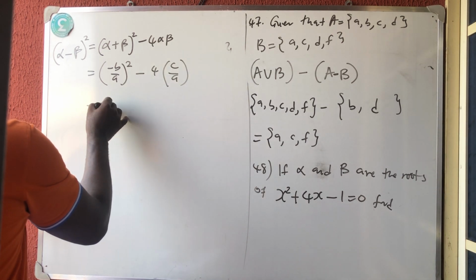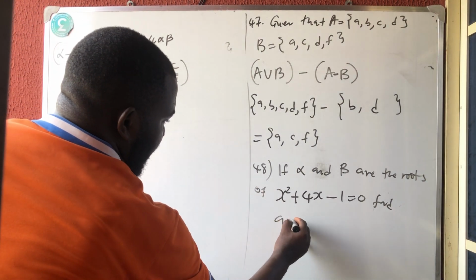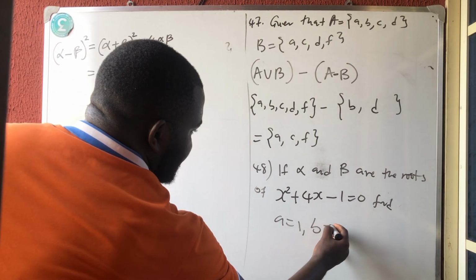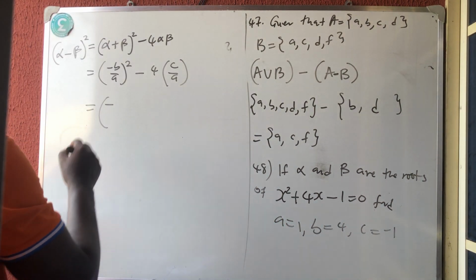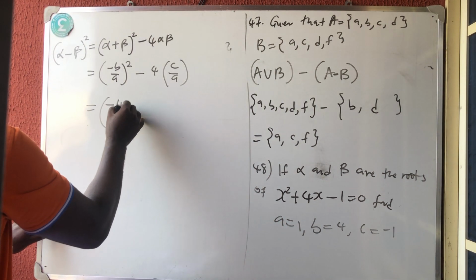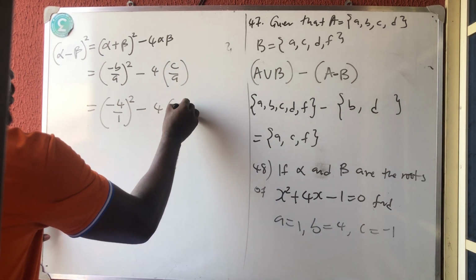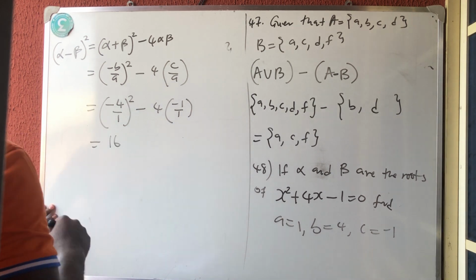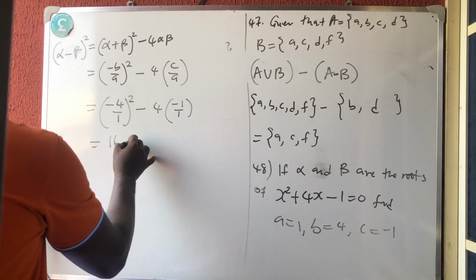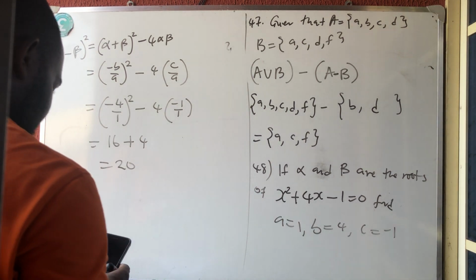My a is 1, the coefficient here. My b is 4, and my c is minus 1. So I'm having minus 4 over 1, all squared, minus 4 into minus 1 over 1. So I'm left with 16 plus 4, which is 20. So that is that.